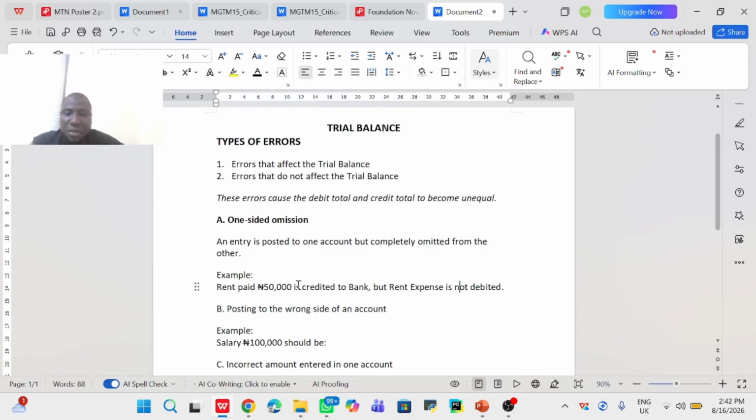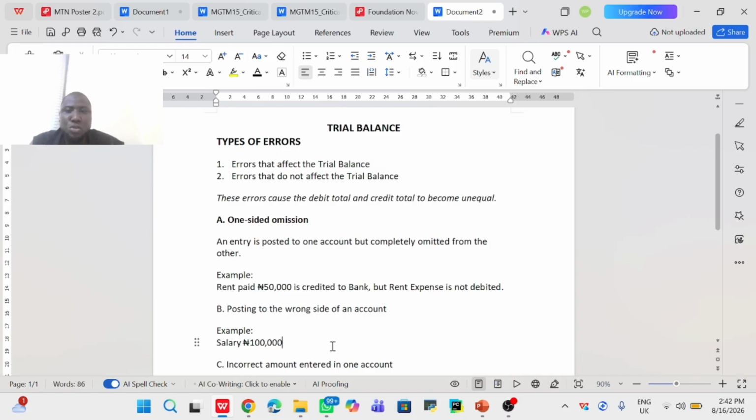In this scenario, rent is not debited while you credit your bank, so your trial balance will not be balanced. In another way, you might debit your rent and forget to credit your bank. In that scenario too, your trial balance will not be balanced. That is one of the example errors.